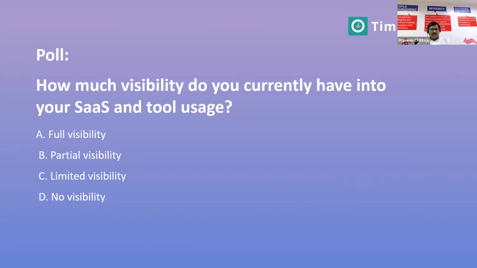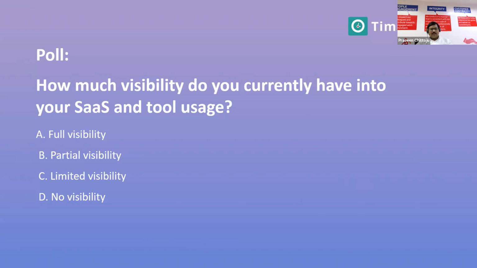I would like to share the results. Around 60% of people are saying that they have limited visibility, and 10% are saying no visibility. Partial is 10%, full visibility is 20%. Maybe these companies have limited resources. That's fine.